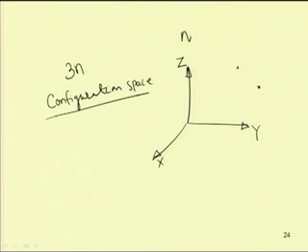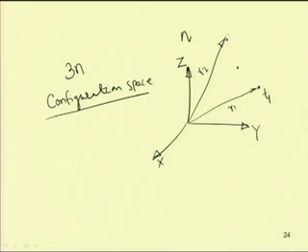Let a particle have moved from this position to this position; at time t equal to t1 it is at this position, and this position vector can be written as r1. Similarly, at this position the position vector can be written as r2.